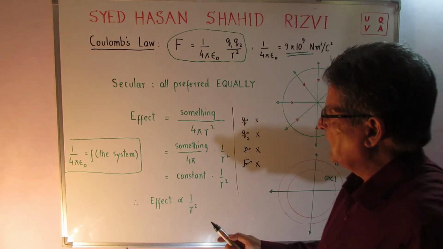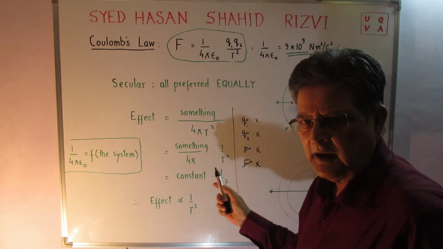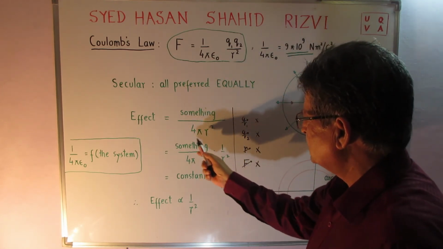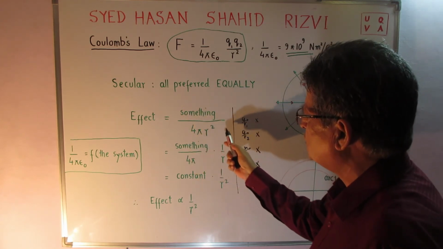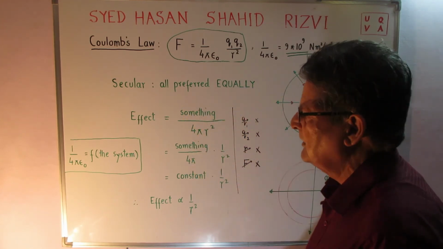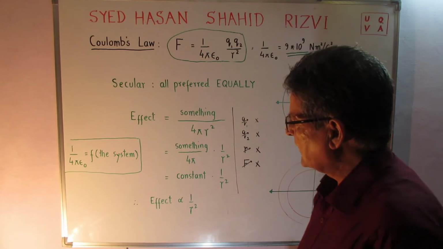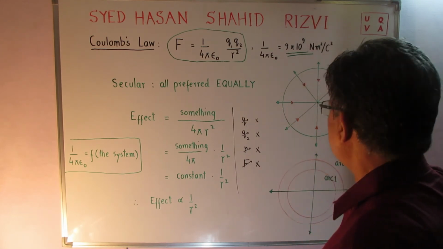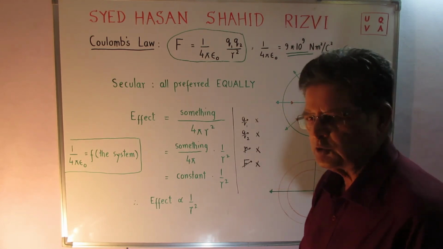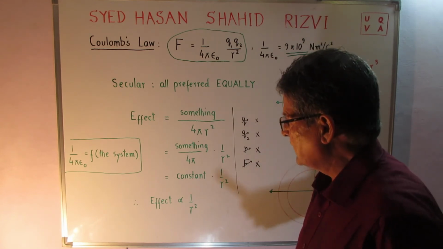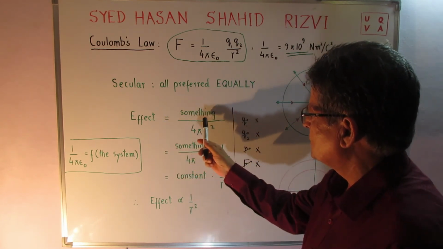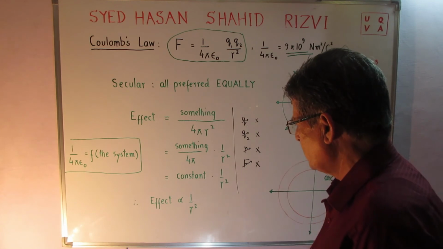So the effect will be equal to something happening divided by the total area of the sphere. And that total area of the sphere, like here I told you, is 4 pi r square. It's very simple, friends. Effect is equal to something upon 4 pi r square.